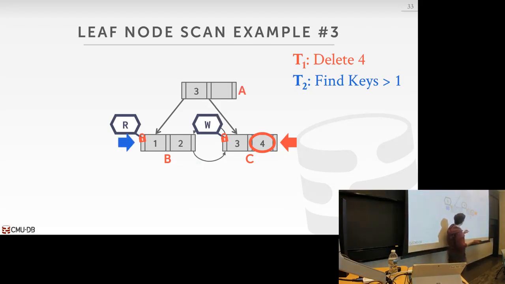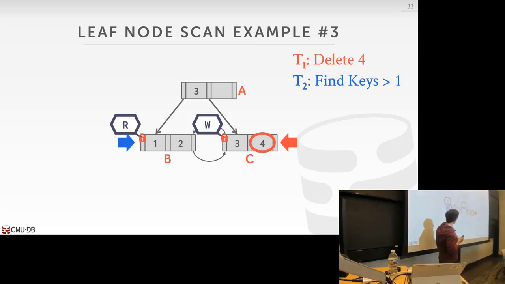Okay, so I think you said, when I do the delete, I have to merge, and therefore I have to modify the root. Yeah. How would that work? Well, when I landed here using optimistic latch crabbing, I would recognize, oh, I'm going to have to merge and modify my parent, so I got to go back and take exclusive latches all the way down. Okay. So that gets handled.